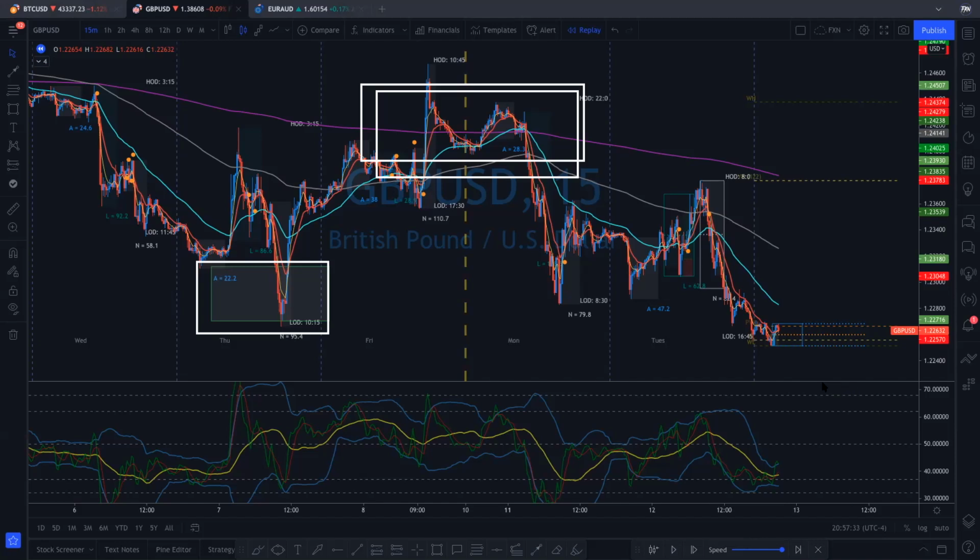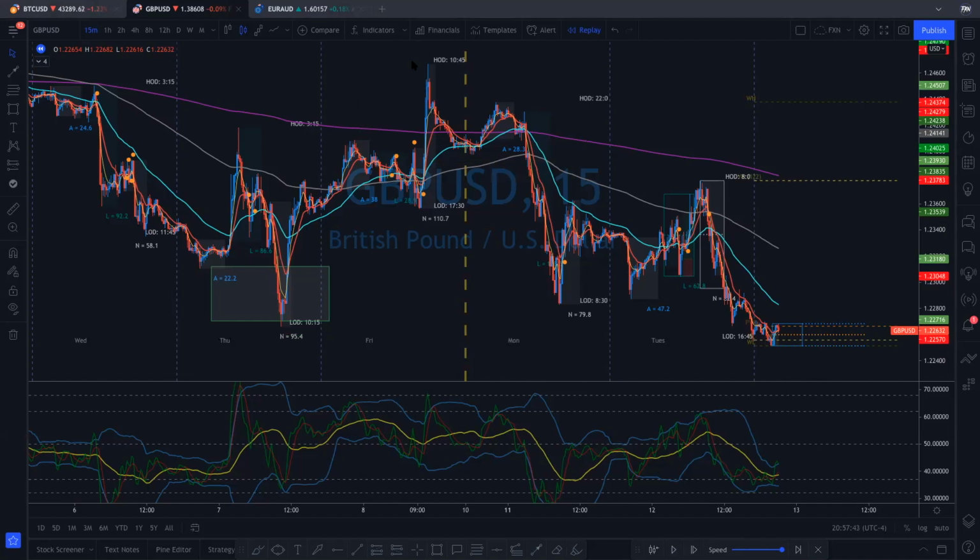Now, you know how sometimes it could be confusing if you're looking at weekly cycles, and you had really a one-way move on Tuesday, and you're like, well, this could still be a market maker cycle, right?